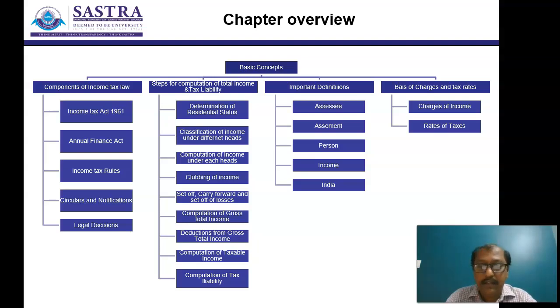For that, the provisions will change between the NRI and resident individual, resident Indian, and so on. So first step is to determine the residential status of an individual. Next step we are going to talk about is the classification of income under the different heads.